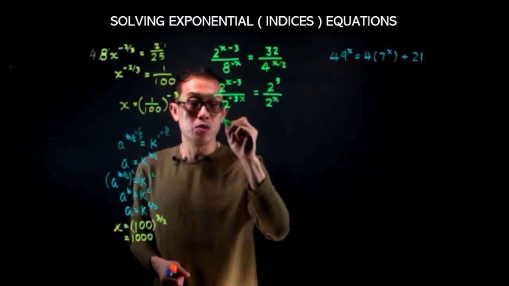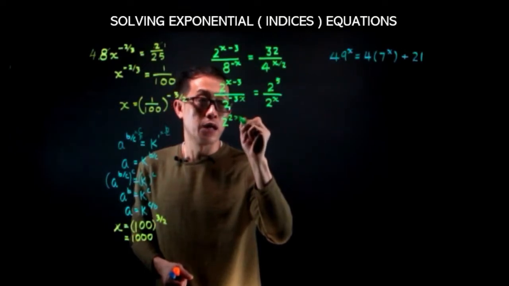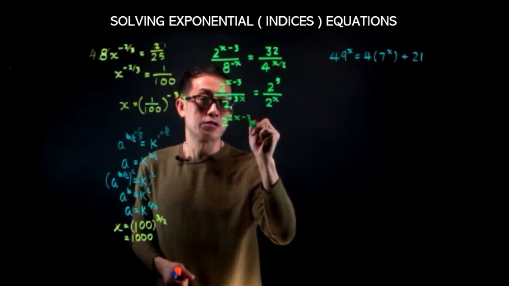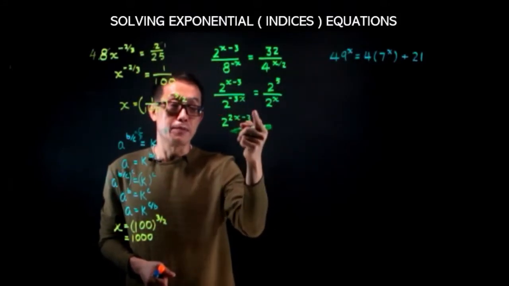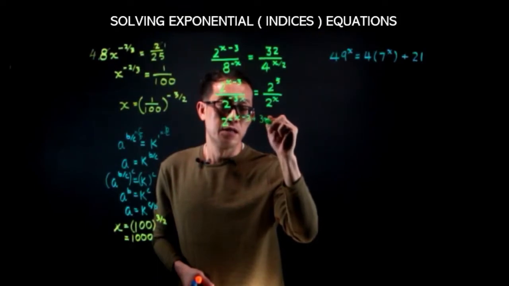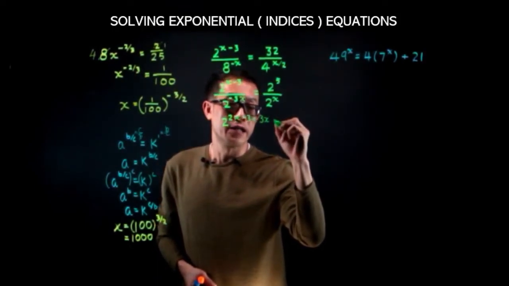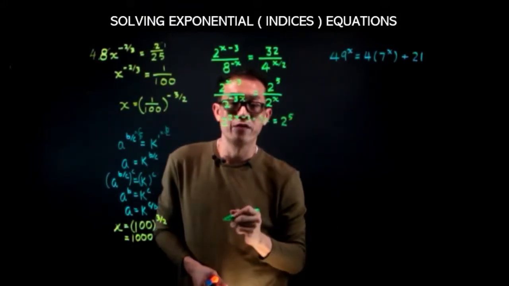So that will be equal to 2 to the power of 2x minus 3. Now, this is divide. Divide is minus. Since this is minus 3x, so it's plus 3x. And that is equal to 2 to the power of 5.